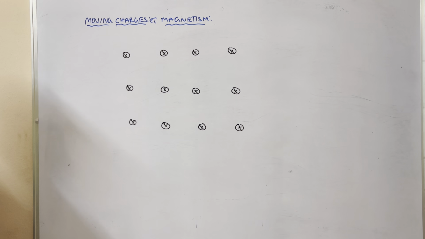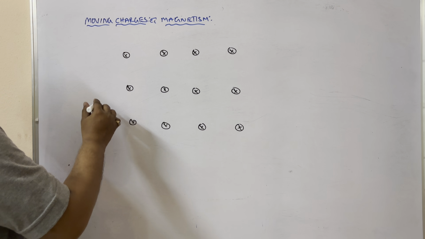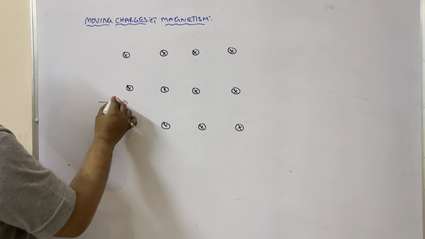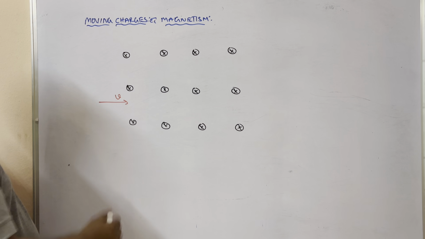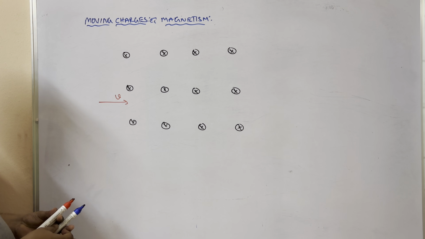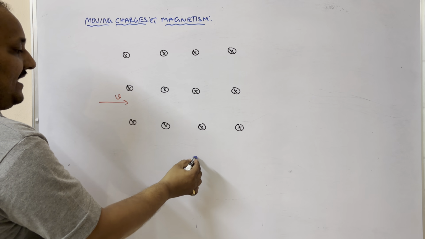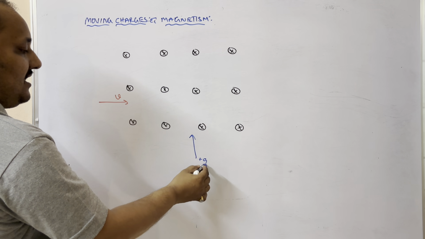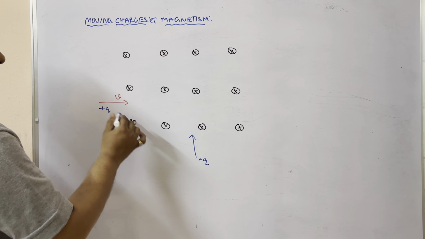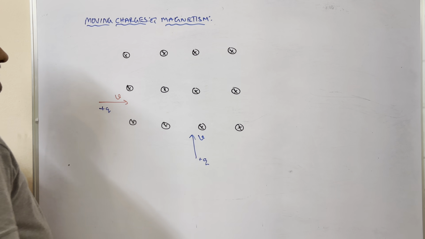Whenever the magnetic field is into the board, a charge is going to be entering with some velocity v from the right side. They may give either a positive charge or a negative charge. A positive charge is going to be entering with some velocity v.